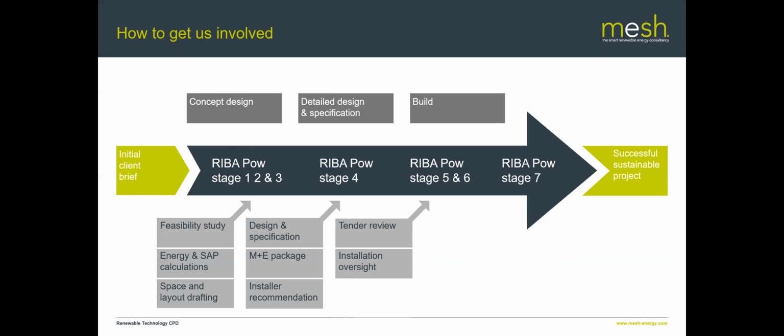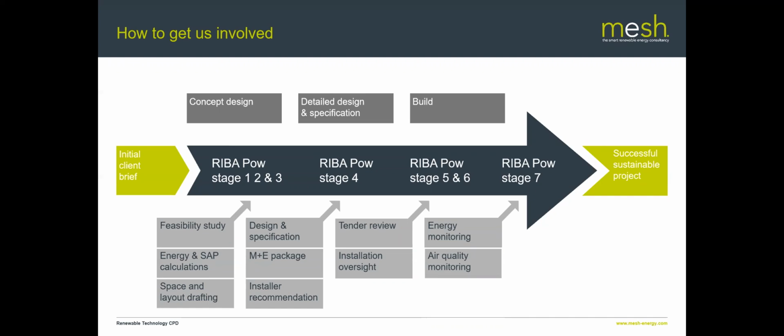When prices come back, review the tenders, check that they are actually compliant with the specification, and provide insight at installation stage. And finally, the bit that people often sort of miss out, but actually is really important, is getting that energy monitoring and air quality monitoring done.